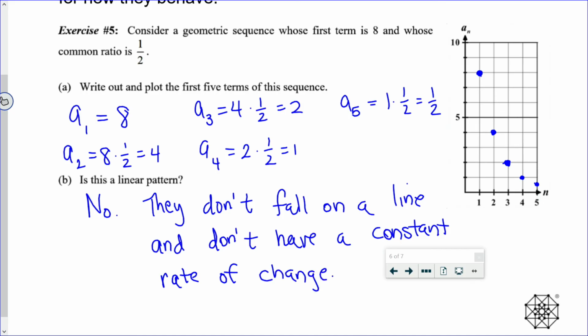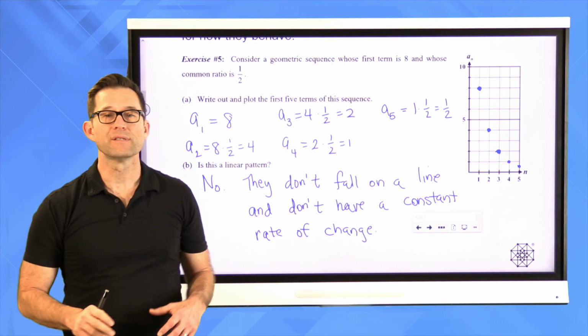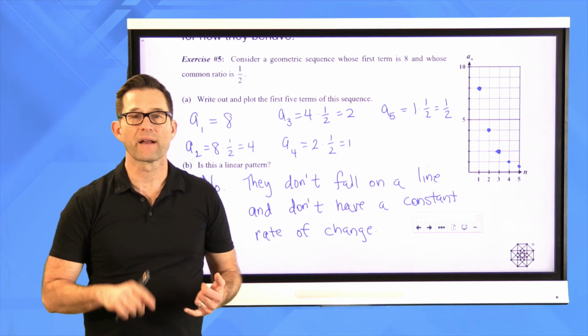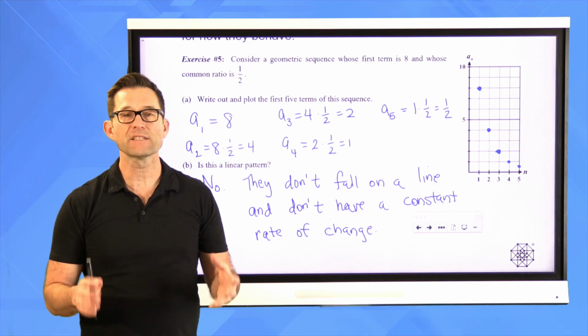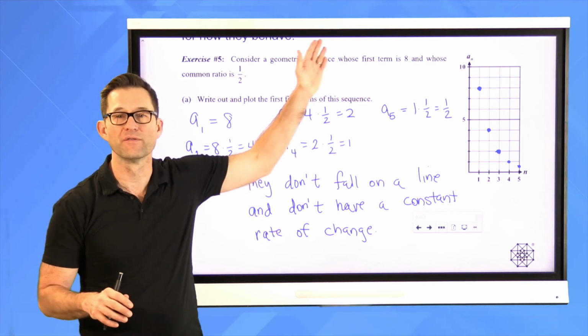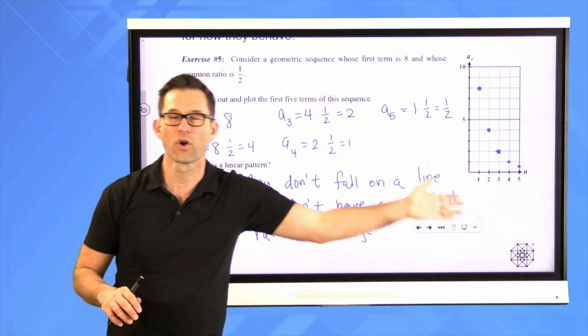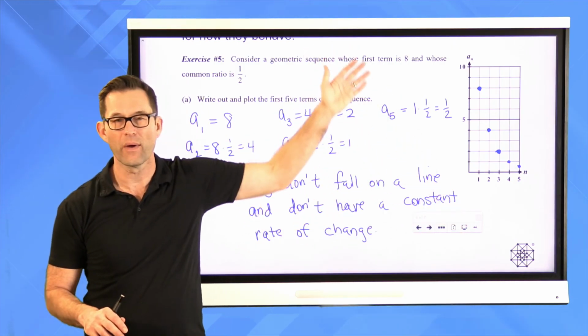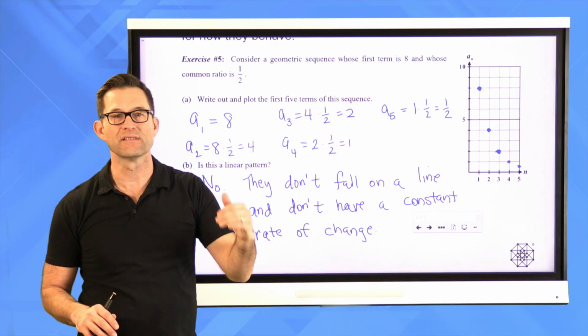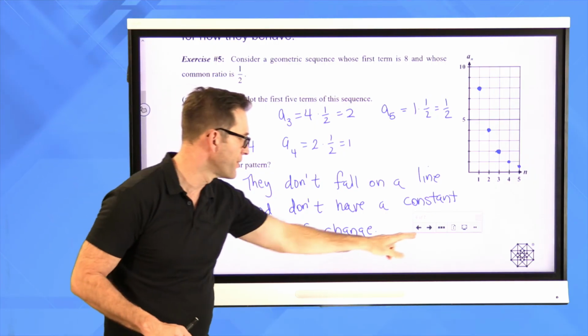And that's important because if they did, then we would just be back to linear functions and arithmetic sequences. Exponentials have curves to them. There's a curve here. It's changing. The rate that it's actually going at is changing as the sequence gets larger.